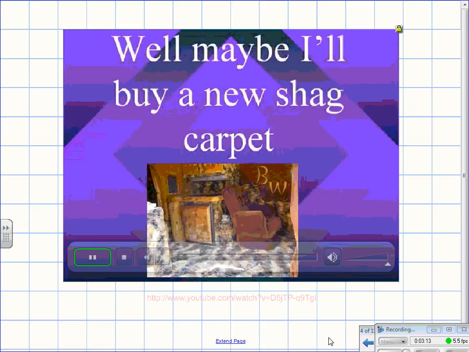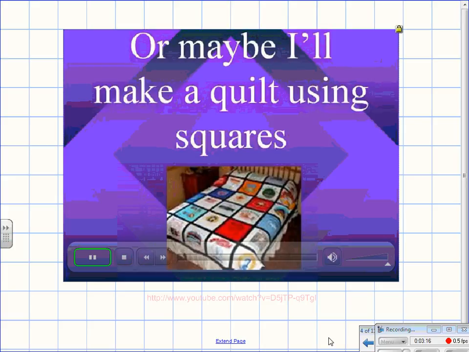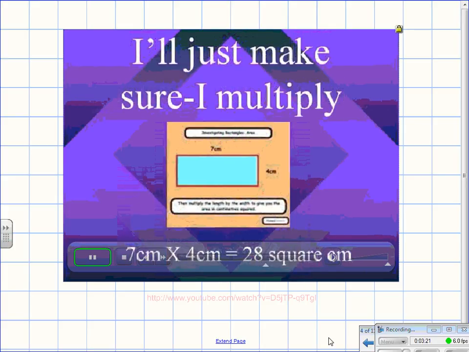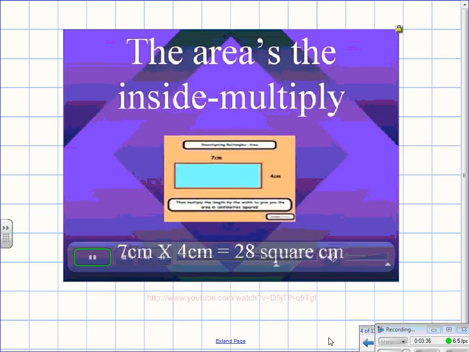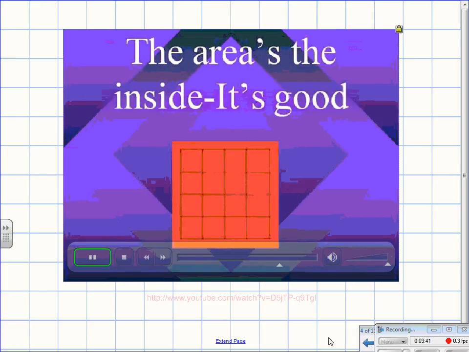Well, maybe I'll rock a cushion carpet, or maybe I'll make the wheels and squares. I'll just make sure I multiply the length by the width, my square units inside. It's the area. That's good. The area's the inside. Multiply the area's the inside. It's good.